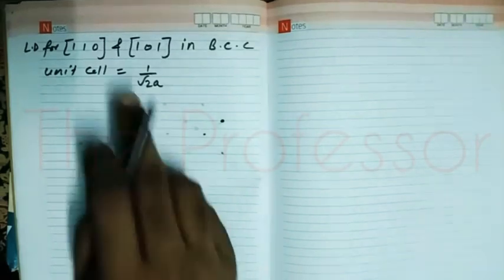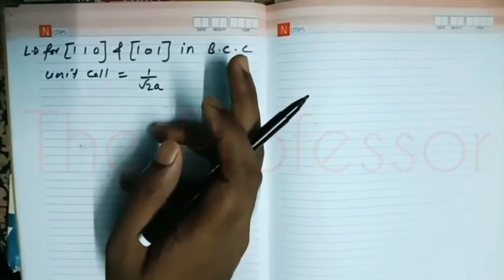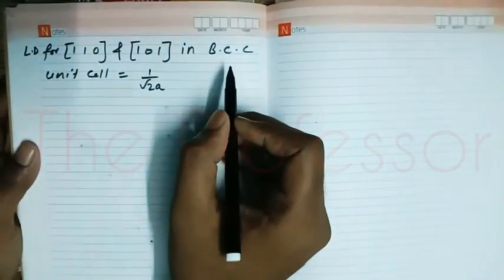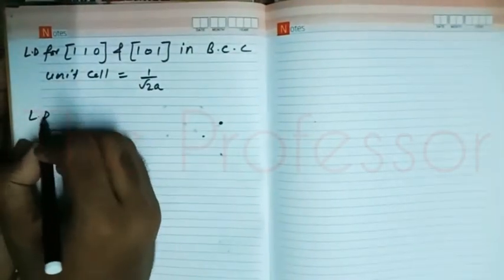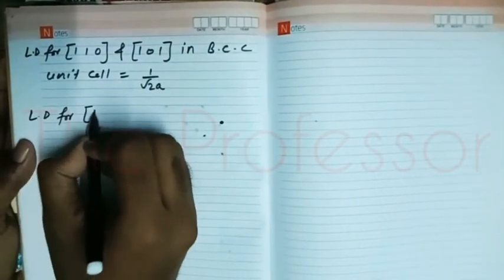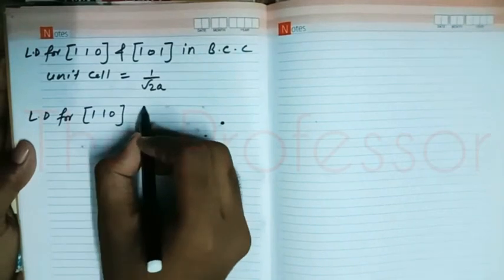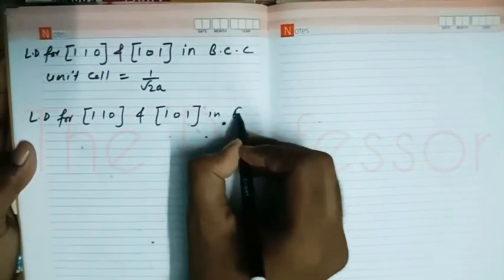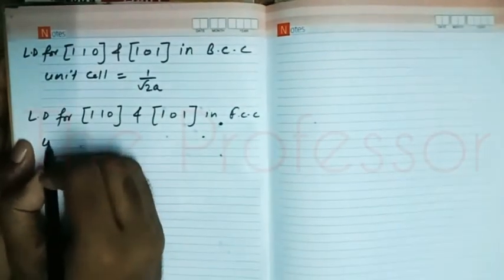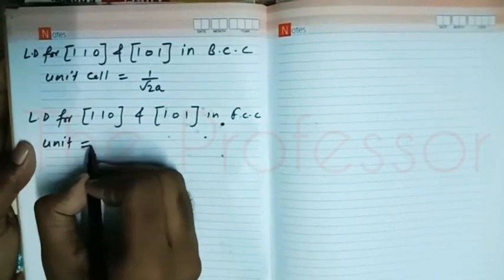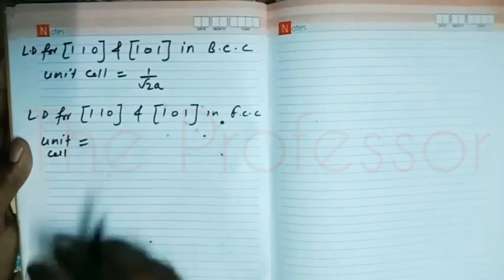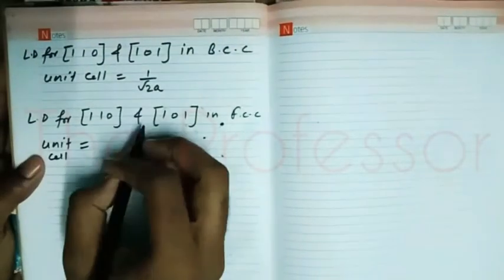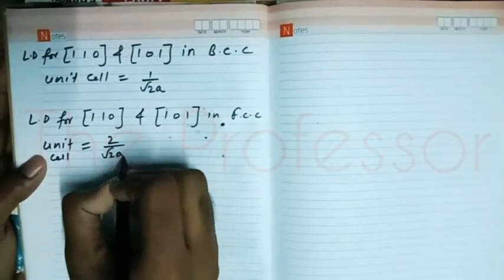See, these are two different direction vectors, but still we are getting the same linear density. Again, the linear density for 110 and 101 in an FCC unit cell were equal, and it was equal to 2 by root 2a.